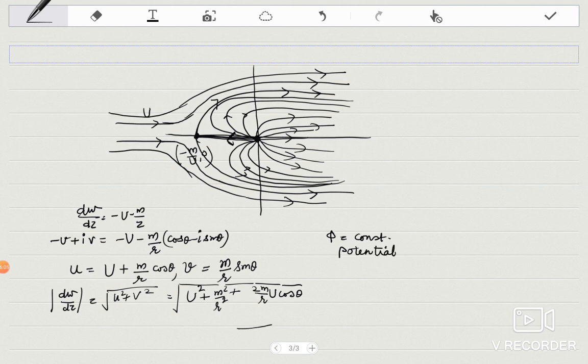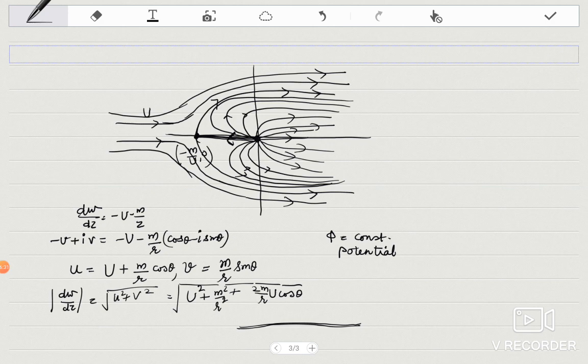In the same way, you may be asked to find the flow pattern or the streamlines if there is a sink at some point, there is a uniform flow in x direction, or you may be asked if there is a uniform flow in y direction and there is a sink at some point. So according to the situation, you frame your complex potential.